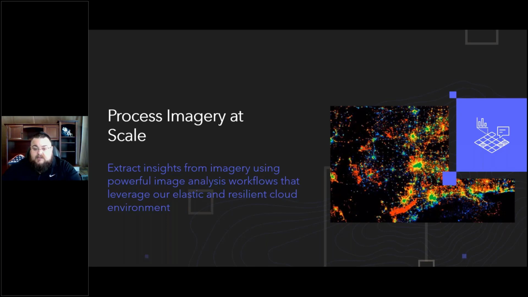Once you finish your analysis, you can use that resulting layer for further analysis and incorporate it in custom web maps, apps, dashboards, reports, or even story maps. All this is powered by our elastic and resilient ArcGIS Online cloud environment, so you can do the image processing at scale without needing to acquire and manage the infrastructure.